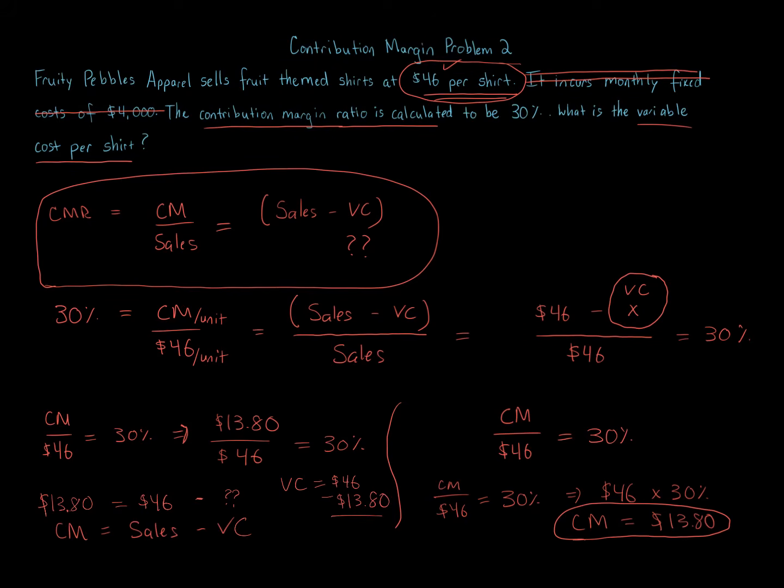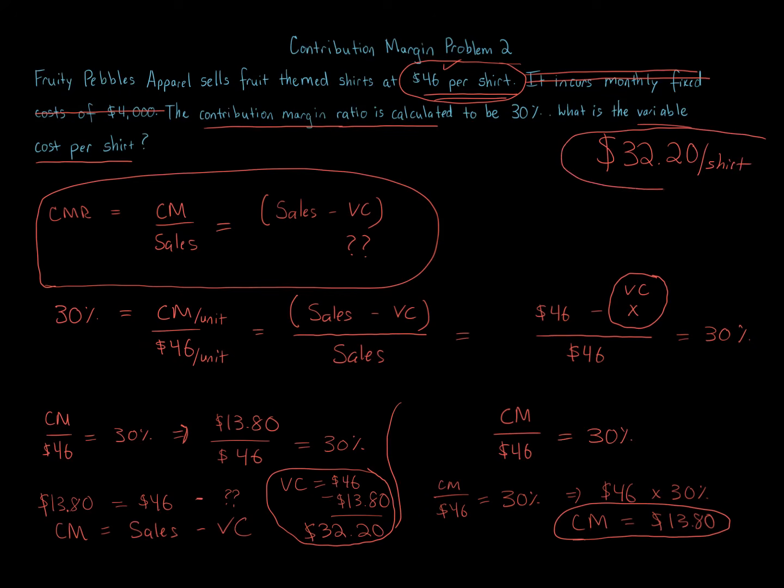So variable costs equal $32.20. And that is how we get variable costs. We have just completed this problem. So what is the variable cost? Variable costs here are $32.20 per shirt or per unit.